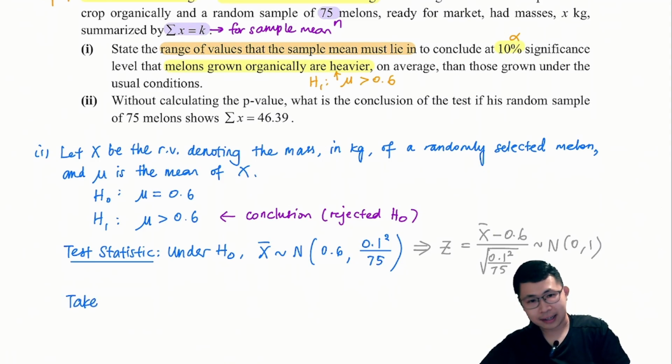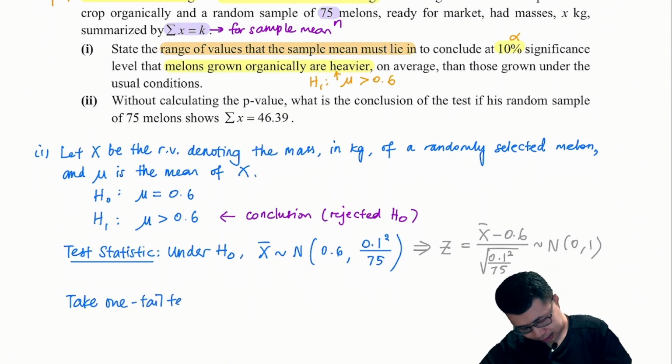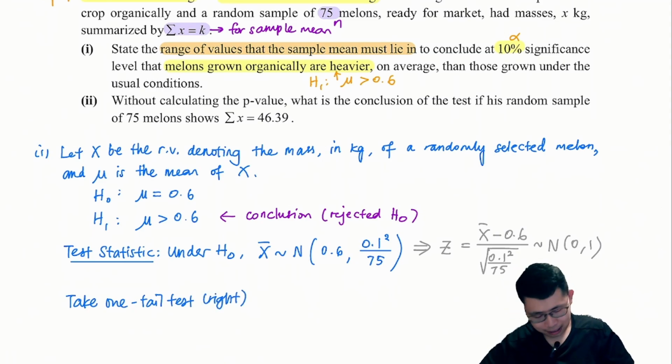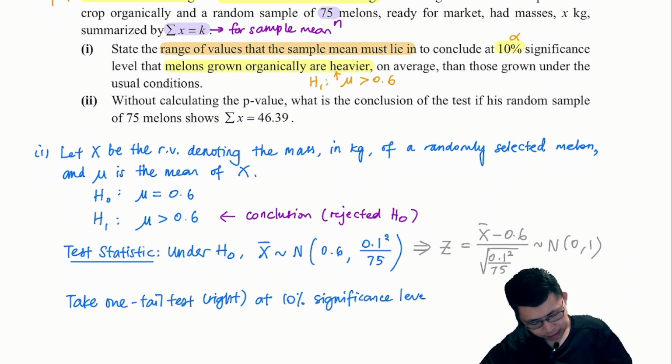So we will take a one tail test to the right based on this quantity over here, at a 10% significance level. And I think, to be honest, 10% is pretty generous.